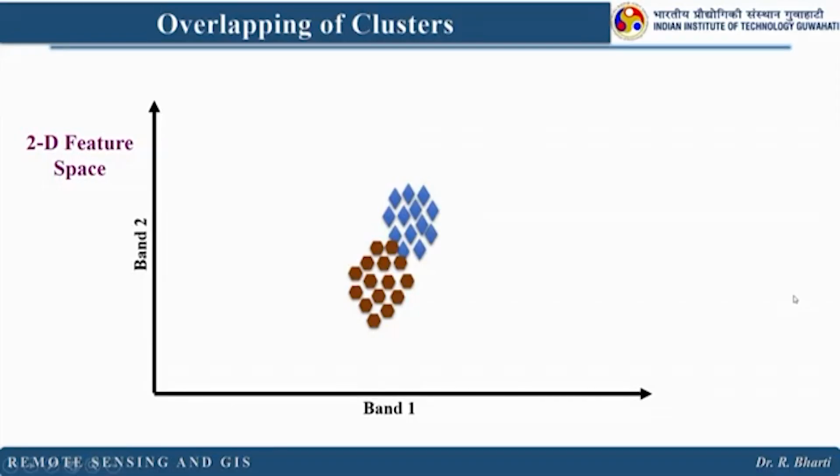So till now we have discussed the ideal condition when you have very well separated 6 classes that we have seen in the previous slide. But what if there is an overlapping of the pixels, and it is very common in the image that it will be very difficult to find out whether this pixel belongs to this class or this class, right?